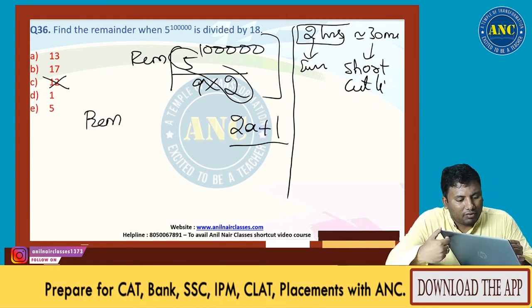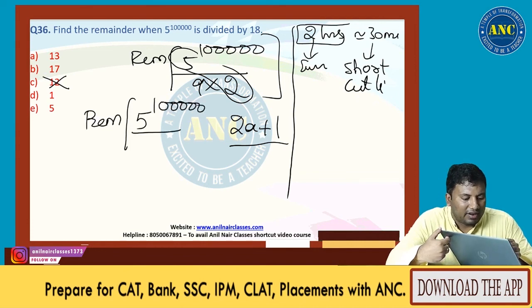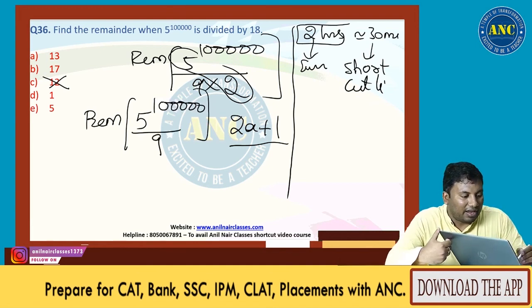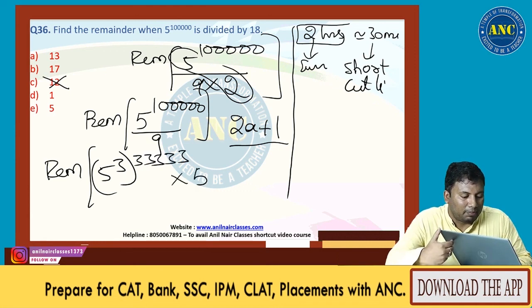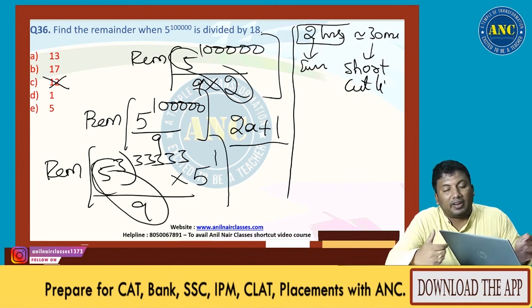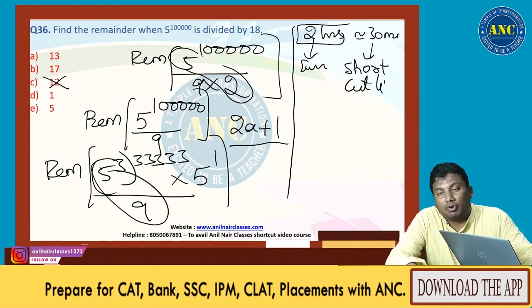5 followed by 1 followed by 5 zeros divided by 9. So these are nothing but 5 cube. If I take 5 cube, 3 threes are 9, again 3, again 3, again 3 into 5 power 1 divided by 9. 125 divided by 9: 9 14s are 126, minus 1.